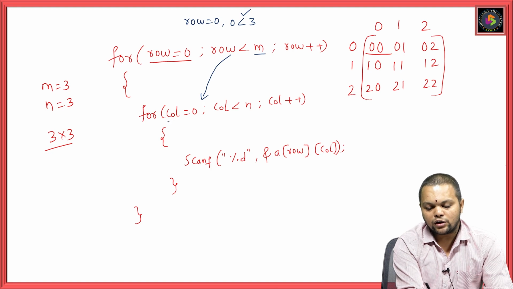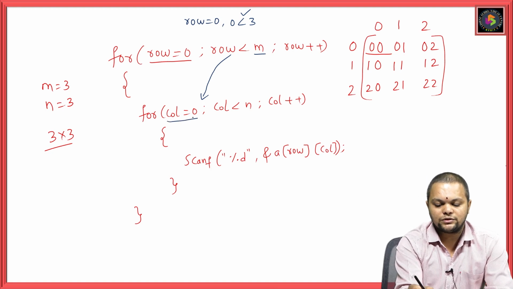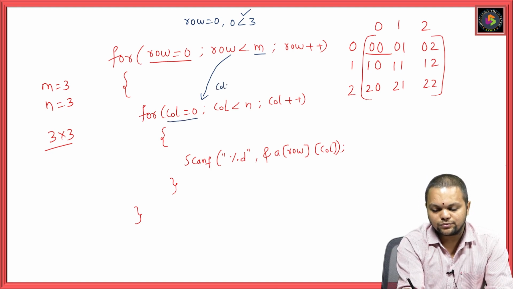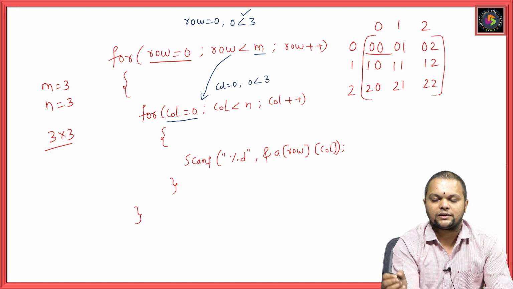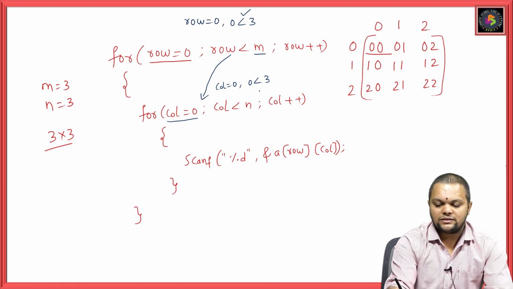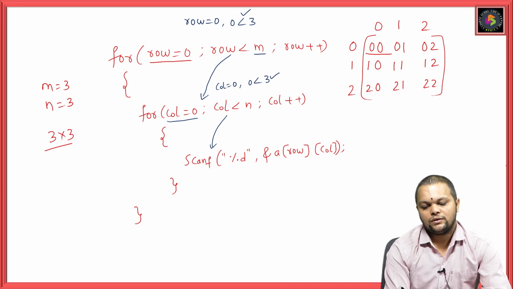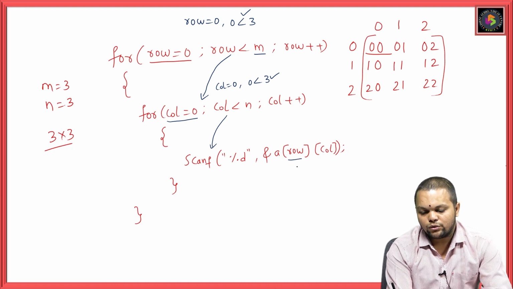In the inner for loop, column equal to 0, column value will become 0. Now the new column value is 0, and 0 is less than n value 3. This condition is satisfied, so it will enter into the block. Now, what is the value of row? Value of row is 0, column value is also 0.